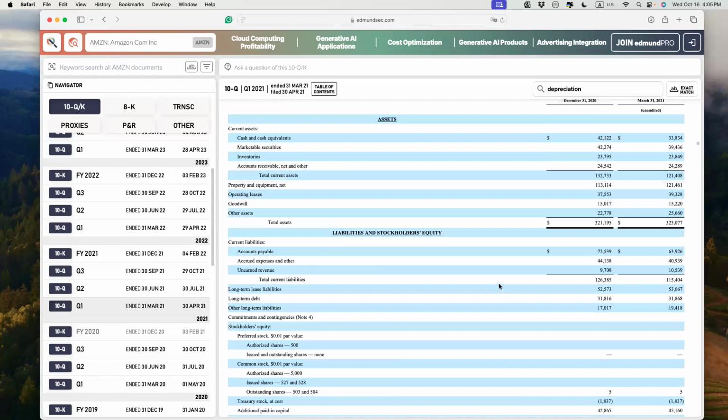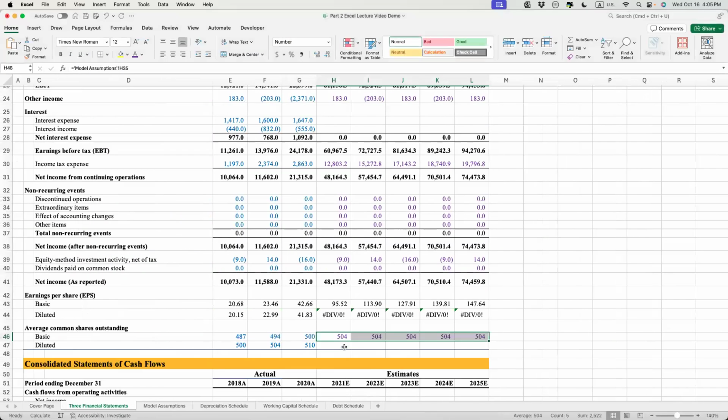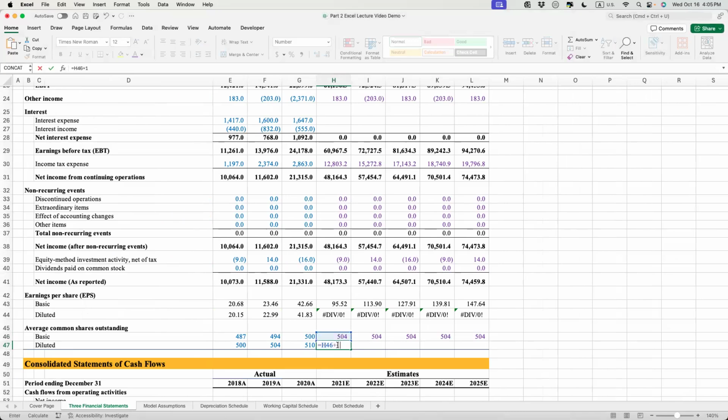But for Amazon, they do give you this information in their earnings presentation. In their Q1 2021 presentation document, they revealed that there will be 15 million options outstanding, which means we're going to add that 15 million to the basic shares we just estimated.